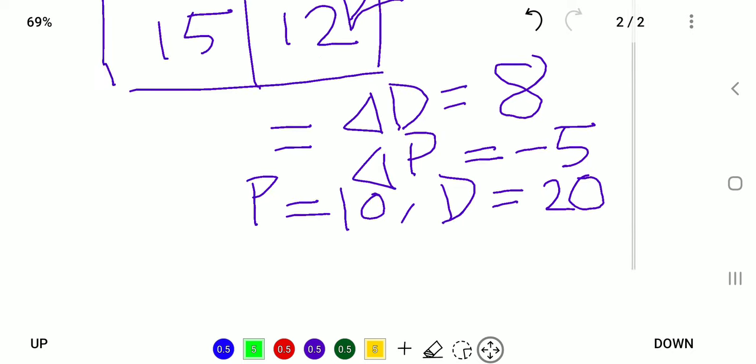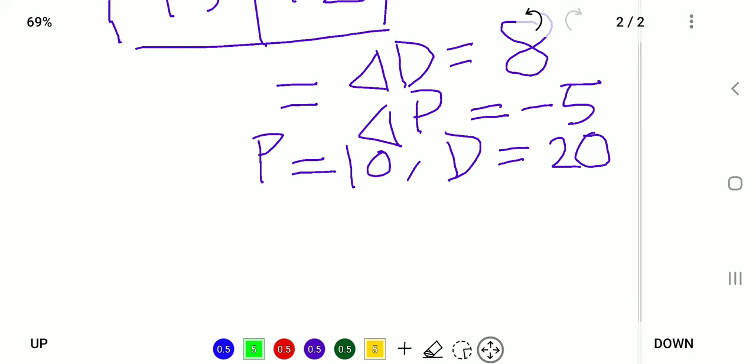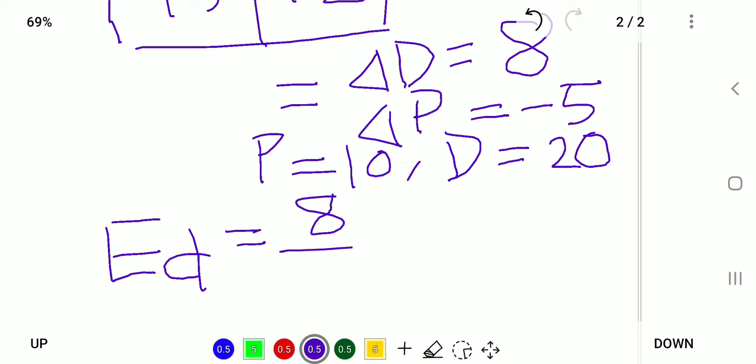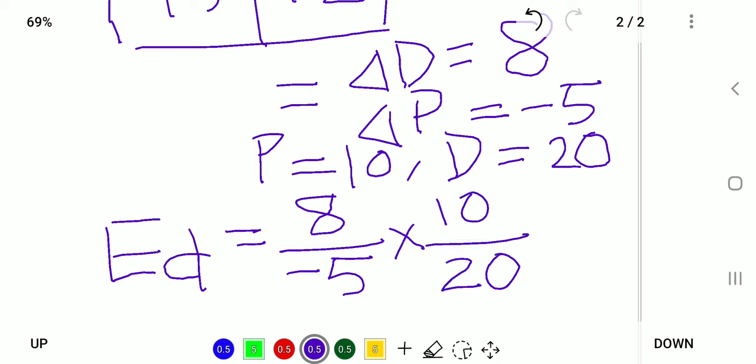So we can easily determine the value of elasticity. The value of elasticity is equal to 8 divided by -5 multiplied by 10 by 20, right?